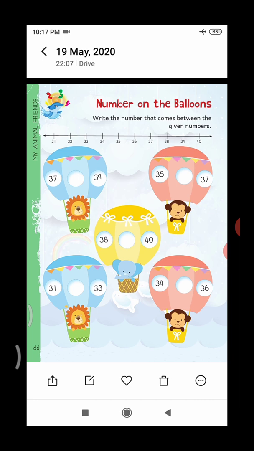What comes after 31? 32. So write here 32. Fifth air balloon, which number is written? 34. What comes after 34? 35. So write here 35.